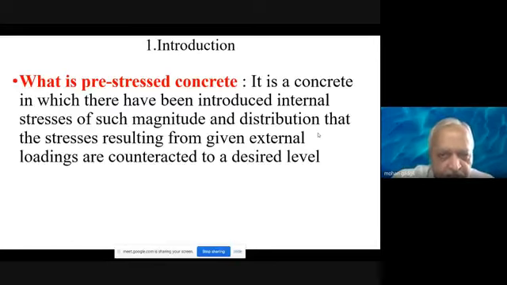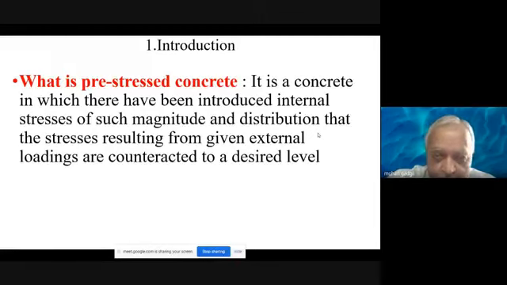When loaded, it develops certain types of stresses, bending stresses, say tension at one place, compression at the other. Now, in prestressed concrete, we introduce opposite types of stresses in those fibers, so that if initially you want to counteract the action of the load, then you expect that eventually there will be tension in the bottom fiber and compression in the top fiber.